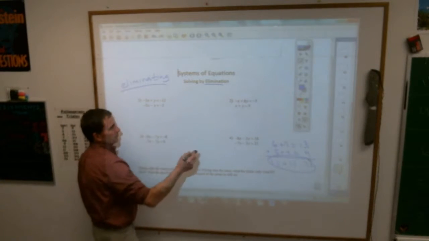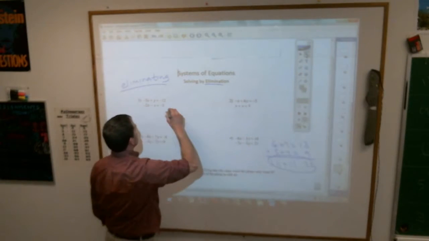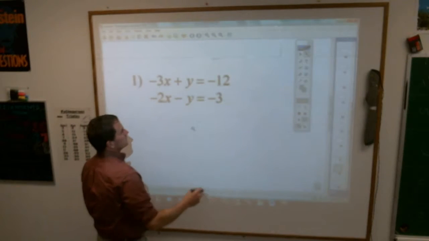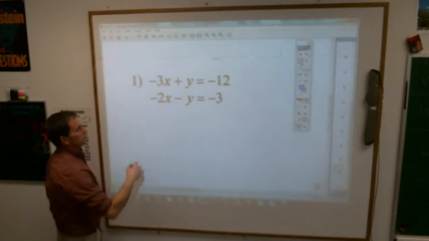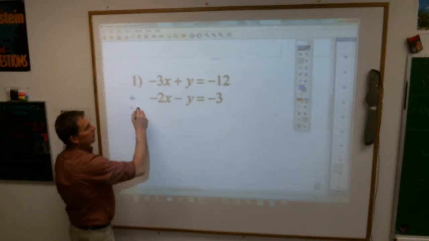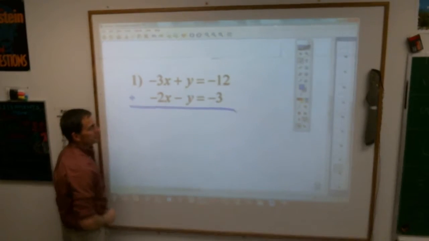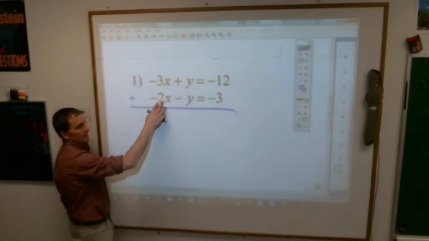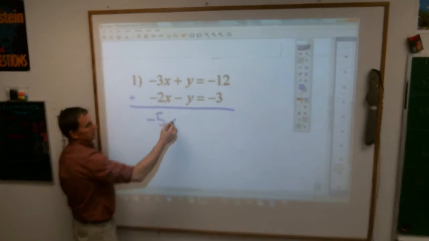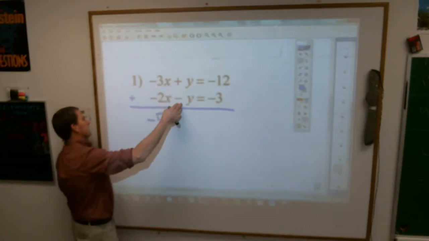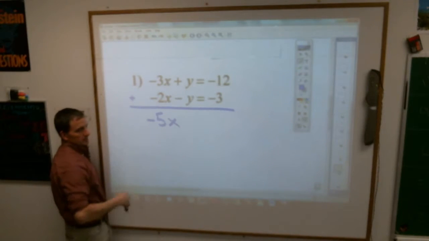So if you look at problem number 1, let me blow that up here. I have two equations, they're equal, and I just simply add these going up and down together. Watch what happens. What is negative 3x and a negative 2x? Negative 5x. What is a plus y and a minus y? No y's.